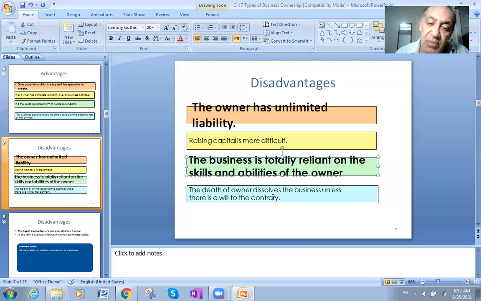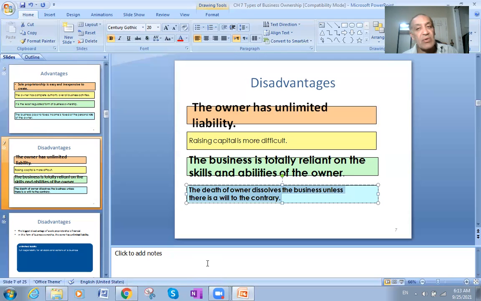One more thing in this kind of ownership: because there is no separation between the owner and the manager in the sole proprietorship, we have also a consequence of this element. The death of the owner will terminate the business. Once the owner died or passed away, the business will stop.